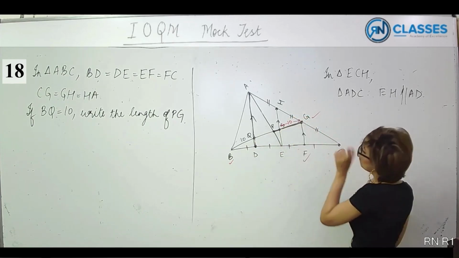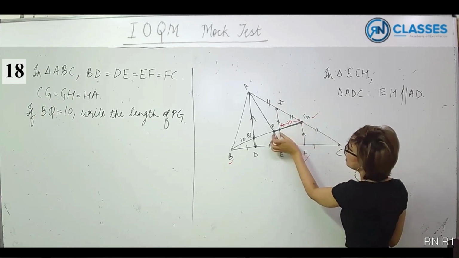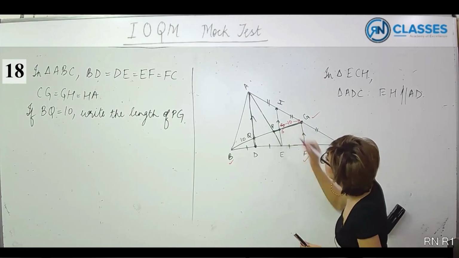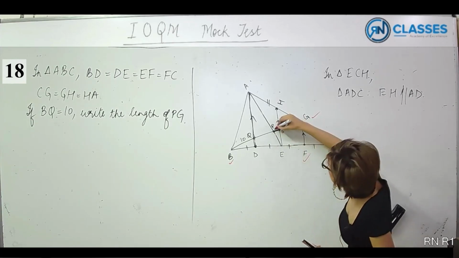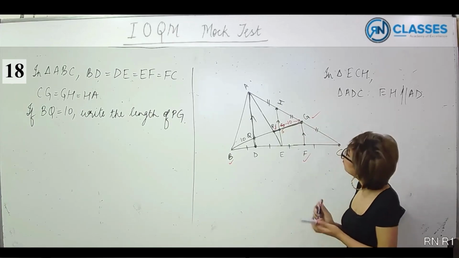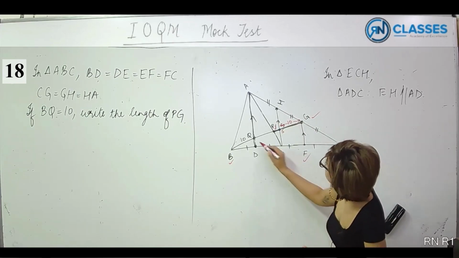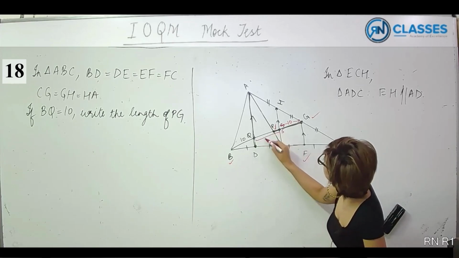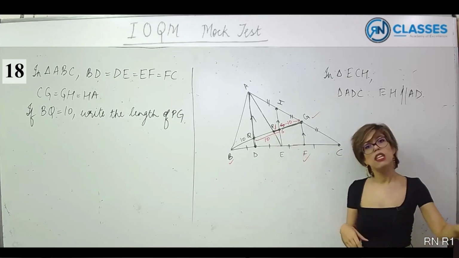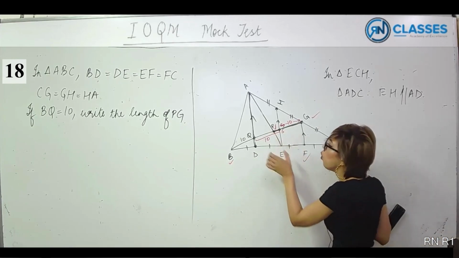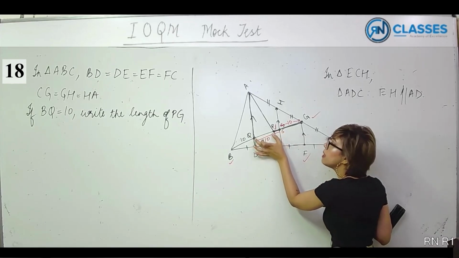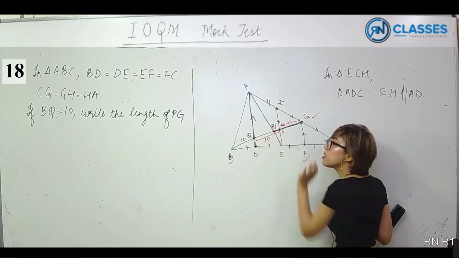Right? If I want to find out PG, I need to find out this tiny length, PS. In fact, I'll write S here. So this entire baby length, how will I find that out? Also, I know that this entire length is QS. So I want this tiny length. So now if I know the ratio of this QP by QS, then I can divide 10 as something by something and I will get to know PS.